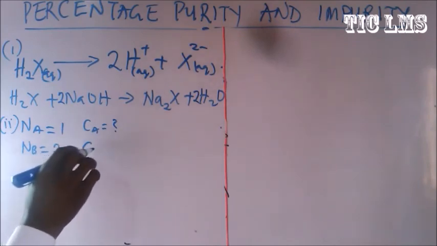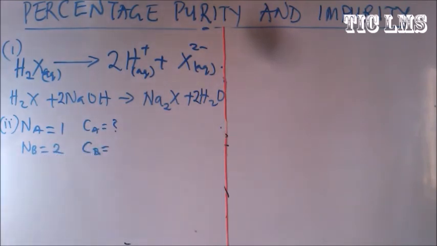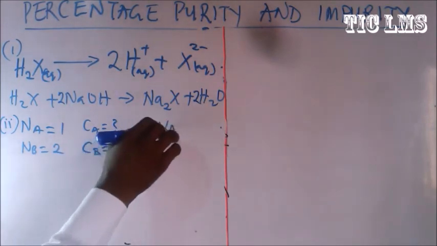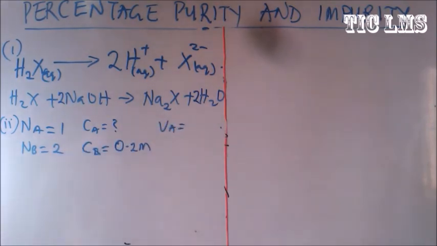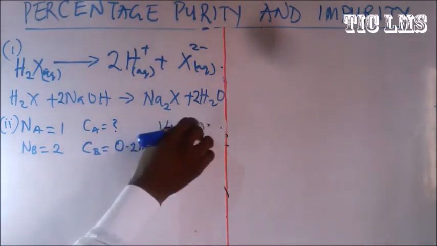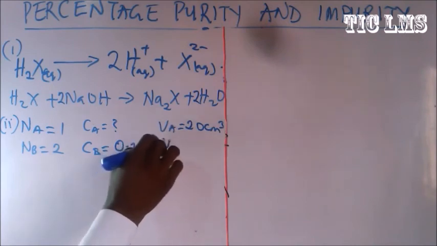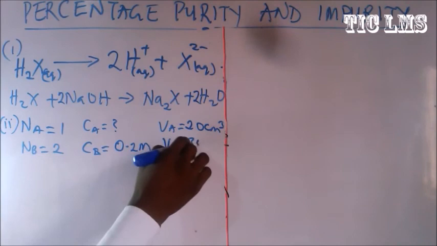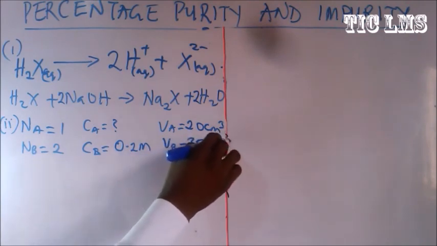And concentration of base in this question we were given as 0.2 molar. And volume of acid we were given as 20 cm cubed. And then the volume of the base we were given as 35.40 cm cubed.